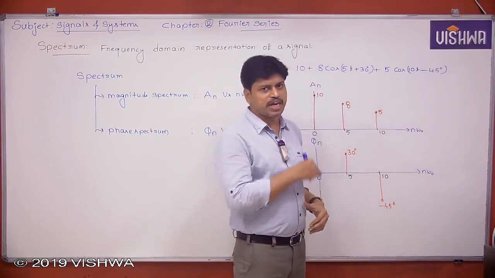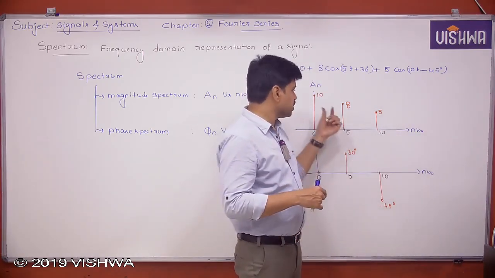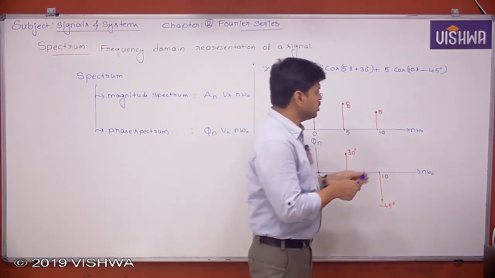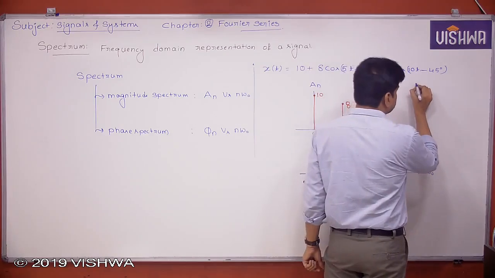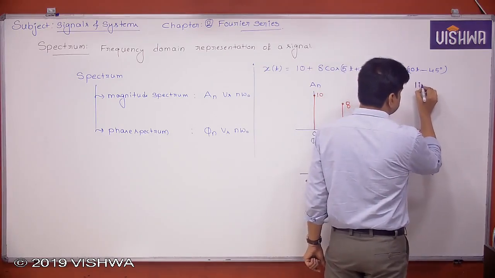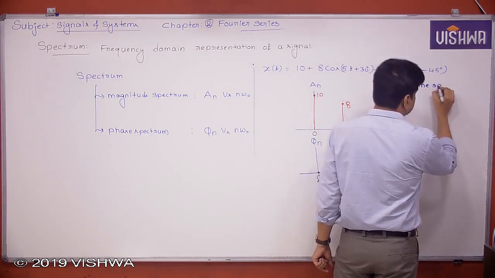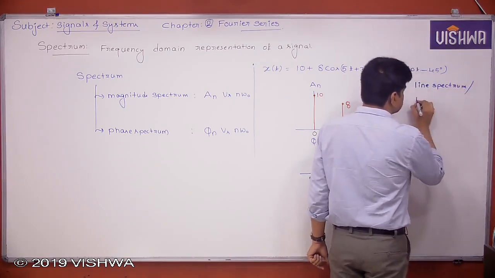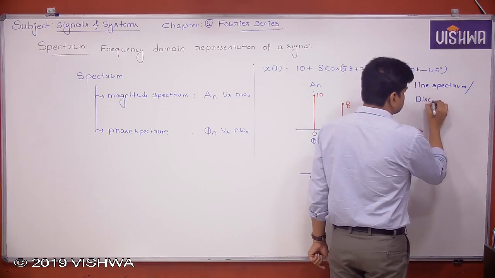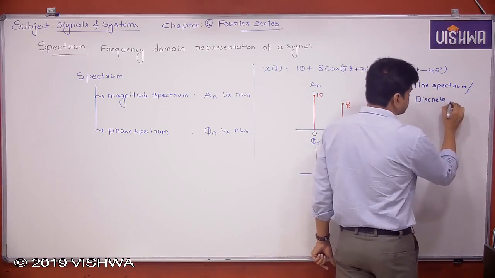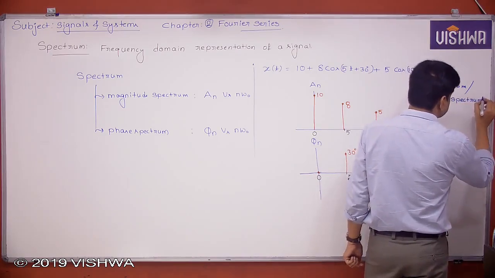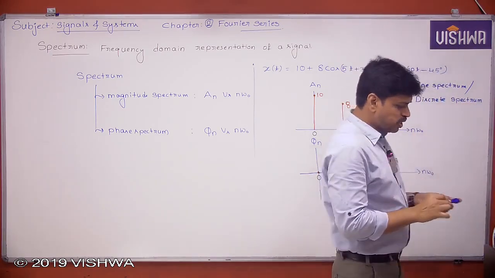So we don't have continuous frequencies. So this is a line spectrum or discrete spectrum.